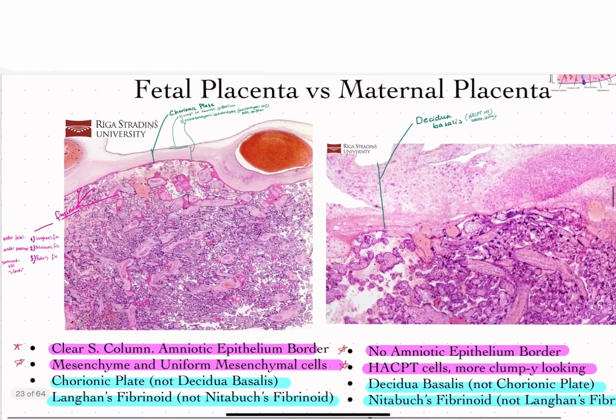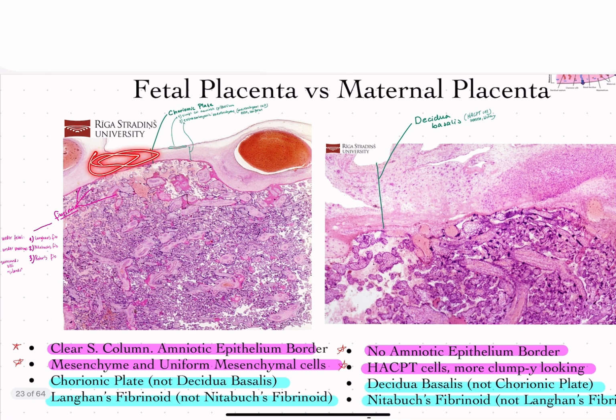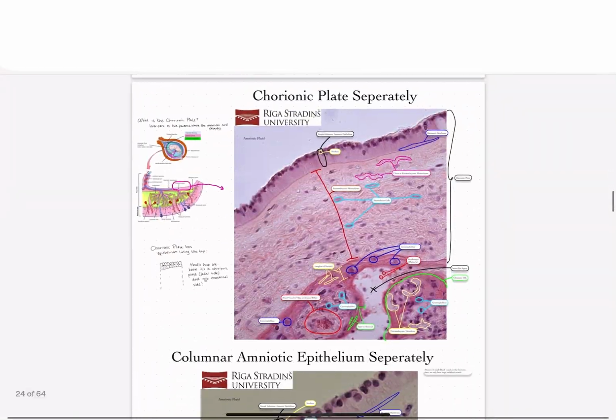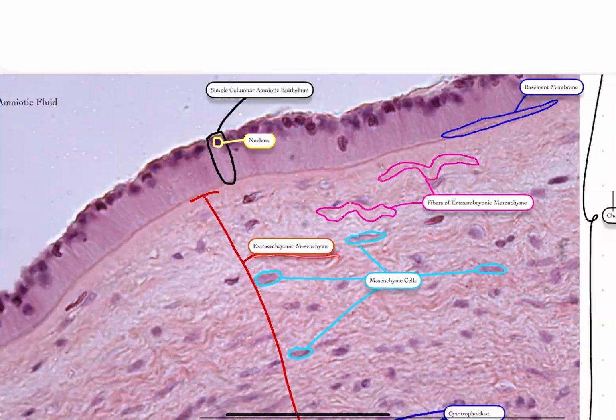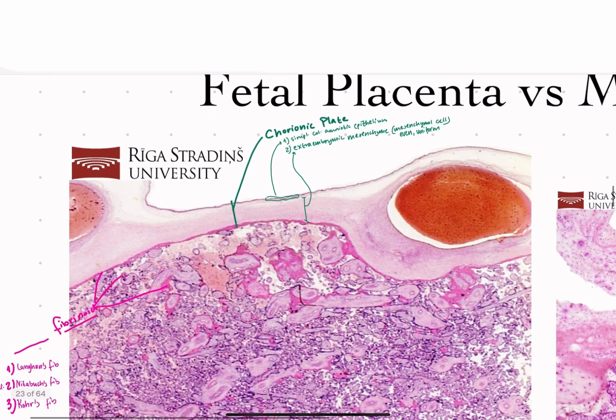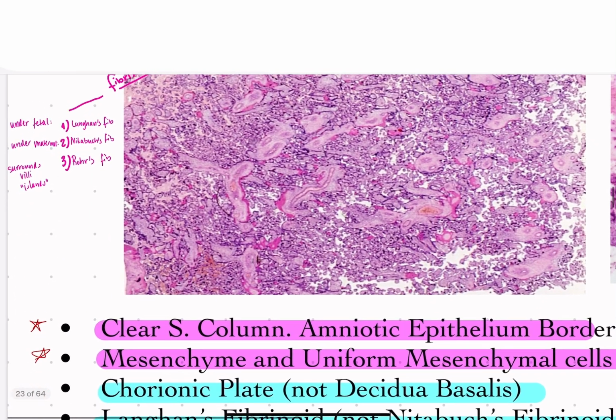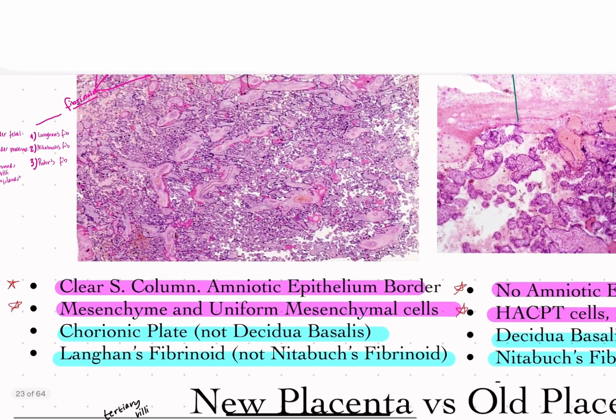First of all, the fetal area is made up of mesenchyme, specifically extra embryonic mesenchyme, which is a structure that you'll have to remember for this colloquium. The extra embryonic mesenchyme, which is this area right here, is made up of mesenchymal cells, right?